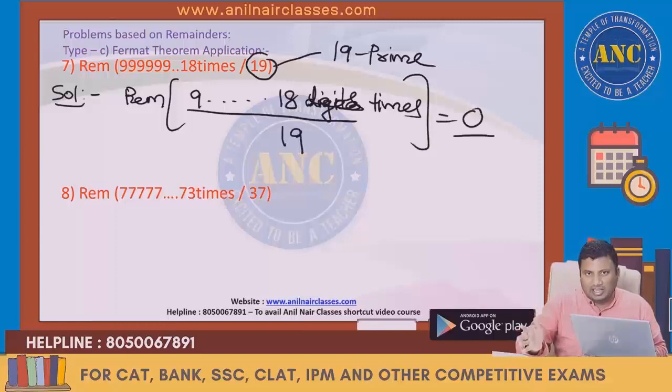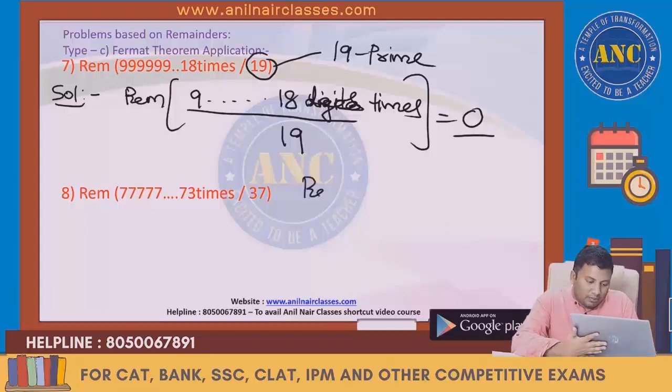If a non-zero digit is written 19 minus 1 times, that is 18 times, the answer is 0. I hope it is clear. One more example.